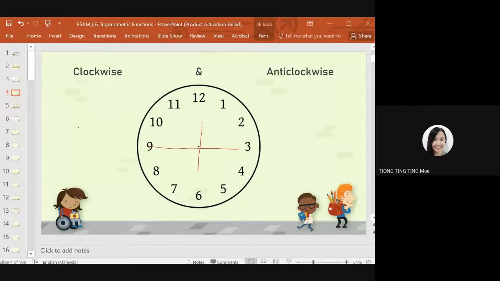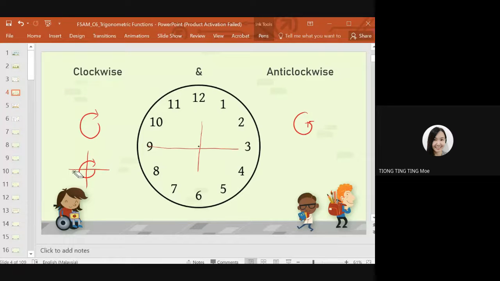For clockwise, it will move like this. Then for anti-clockwise, it will move like this. Okay, reversed. 12, 11, 10, 9, reversed. This one is anti-clockwise, this one is clockwise. Okay? Nice. Start from here like this, this one is clockwise.